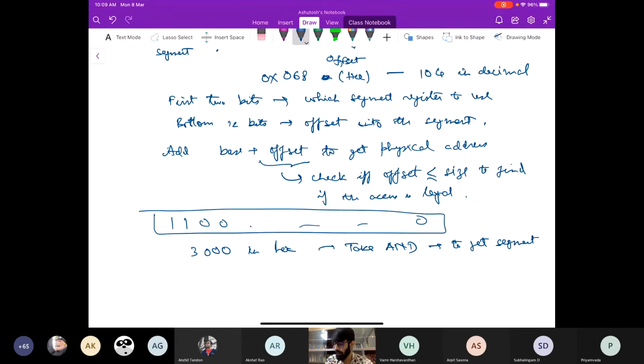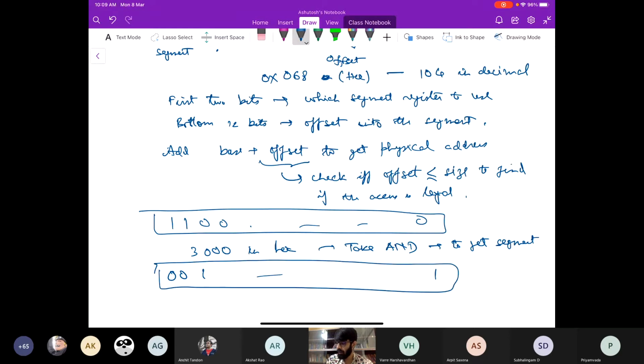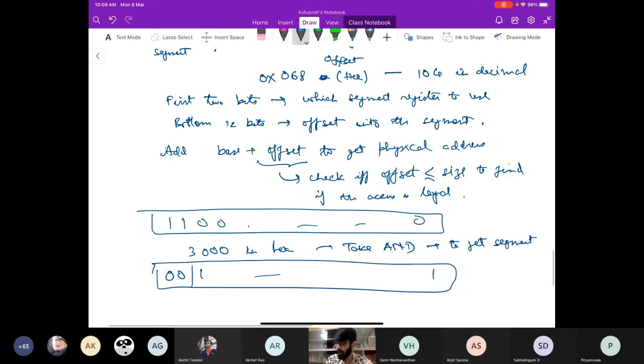Then mask with, let's say, 0 0 1 1 1 to get the offset, which is going to be 0 F F F in hex, and again take AND to get the offset.